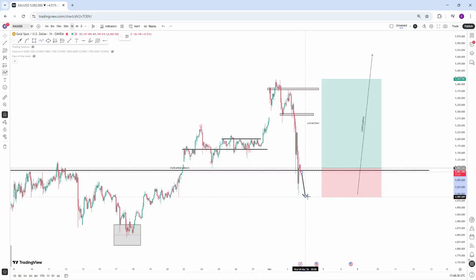This is what I'm looking to get from gold. Like this, we can have our entry from here, a good risk to reward ratio. We can get buys above here.